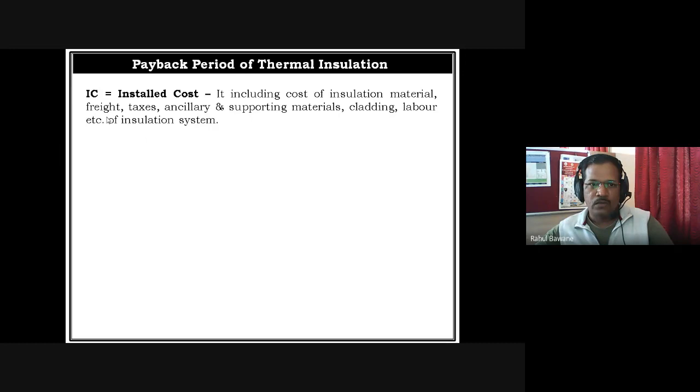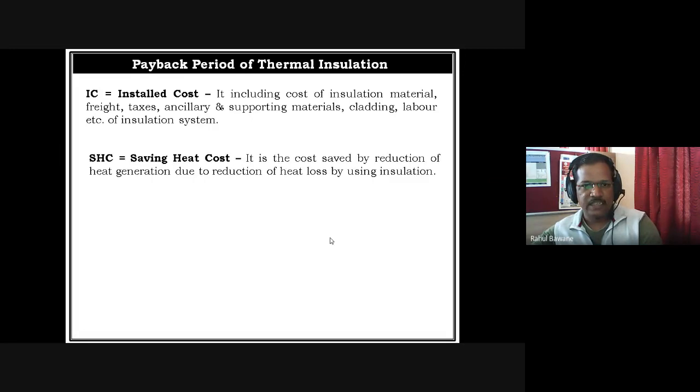So from the purchasing of insulating material with all taxes and other supporting required materials, in addition to this, whatever be the labor cost, the overall cost of that particular insulation is known as installation cost. Okay, so this is the total cost of providing any insulation to the system.